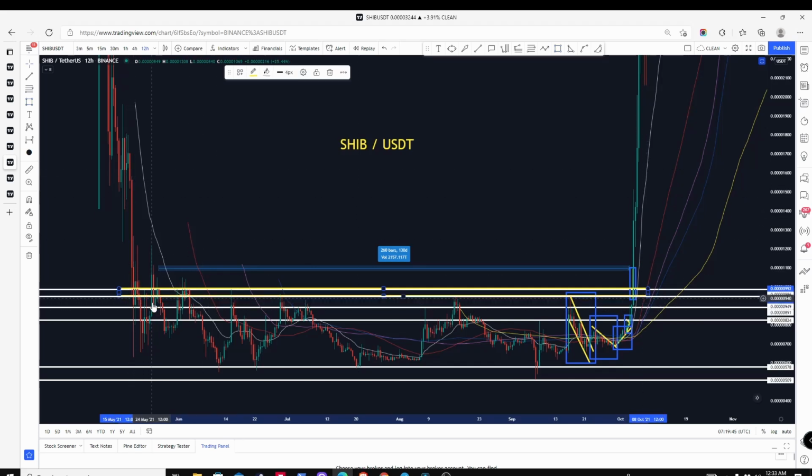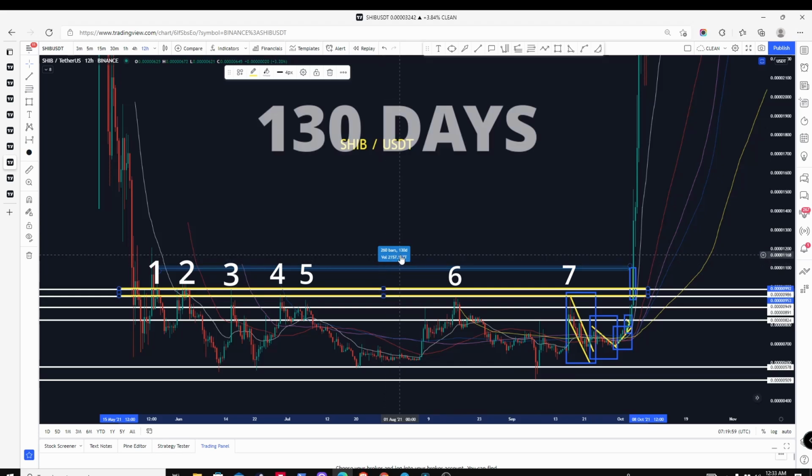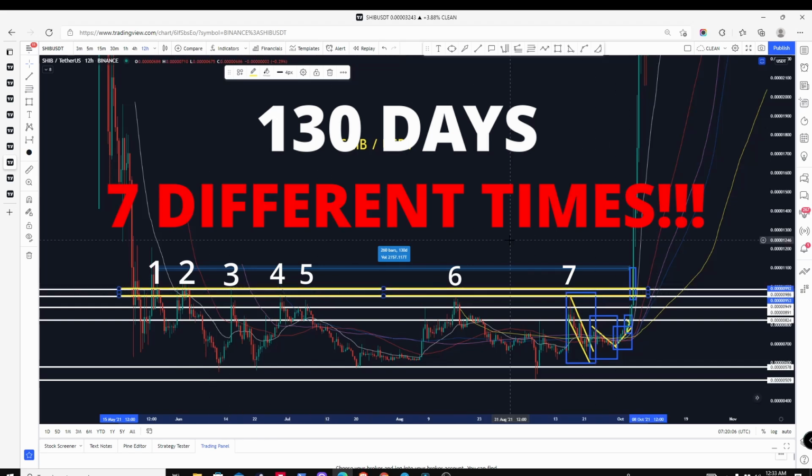Now when price action lost this area, we can see that it tested it once, twice, 3 times, 4 times, 5 times, 6 times, 7 times. So over the course of about 130 days, price action had tested that same zone of resistance 7 times.